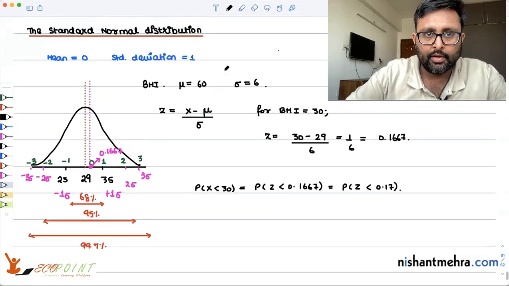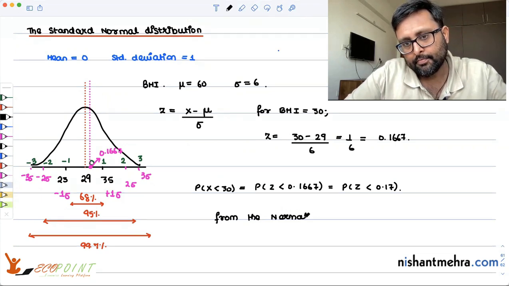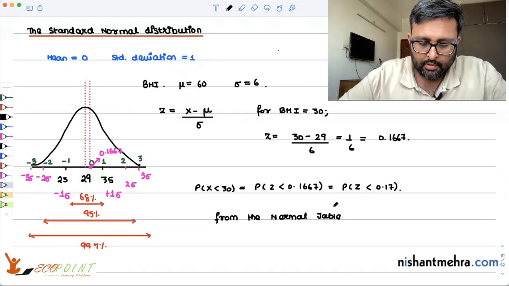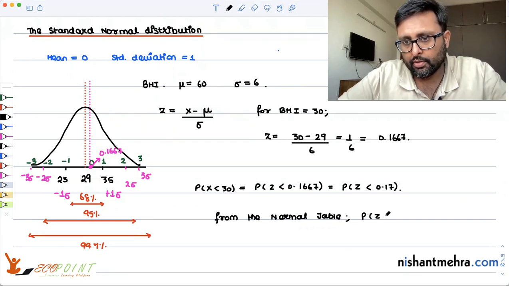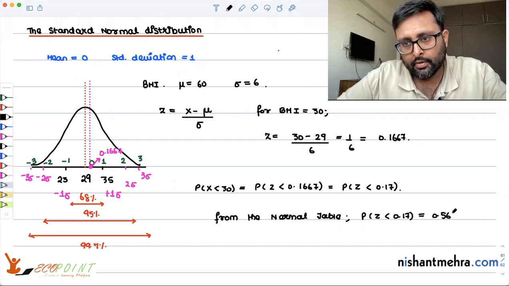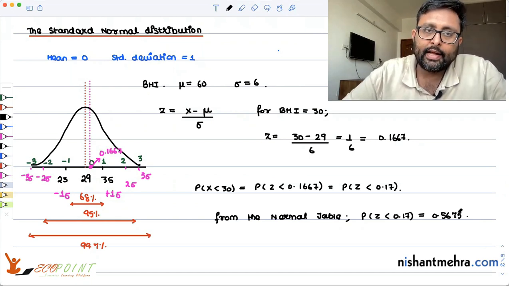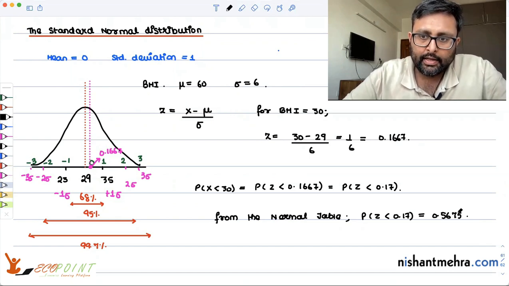So from the normal table, we found out Z less than 0.17 is 0.5675. So the probability that a random male who is selected will have a BMI of less than 30 is 56%. That is the meaning of this.